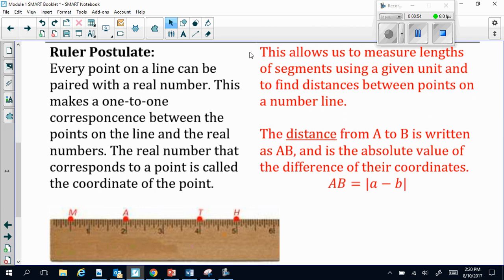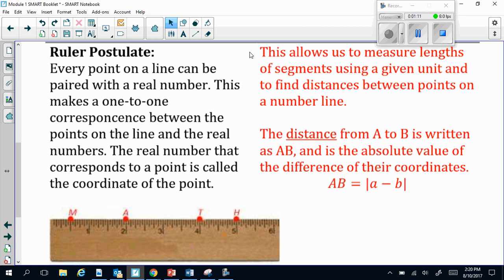Now the way we define distance looks complicated, but it's pretty simple. The distance from A to B is written as AB, notice there's no line over top, and is the absolute value of the difference of their coordinates.